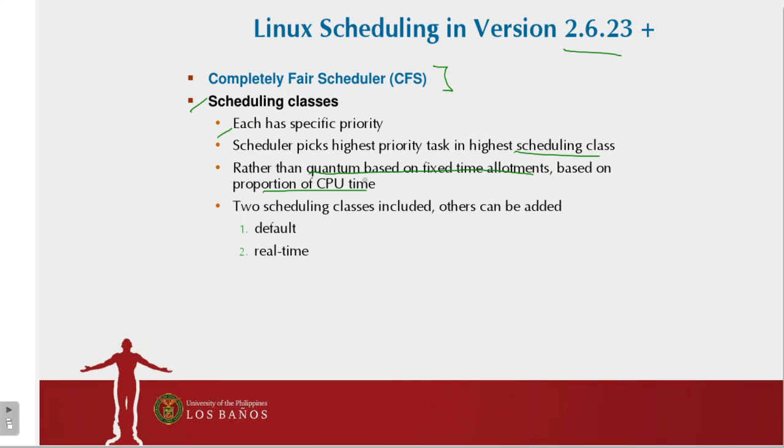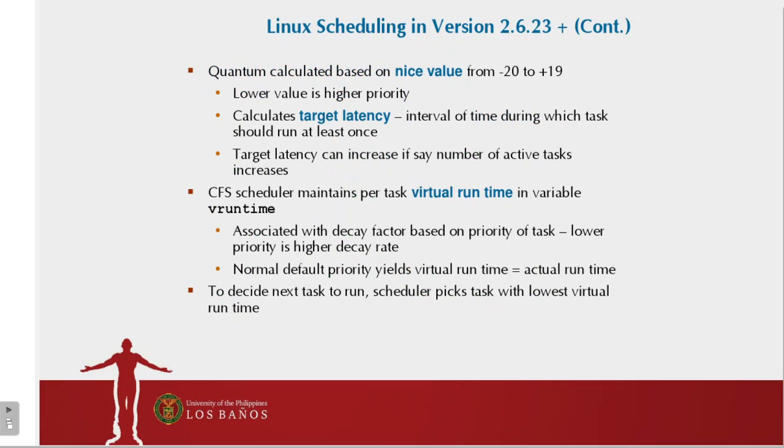And there are two scheduling classes: the default and the real time. Of course, if you're using desktop Linux or Ubuntu, for example, you'll have the default class. So how does this work? Again, we have a quantum or time slice, and this is calculated based on a nice value from -20 to +19.